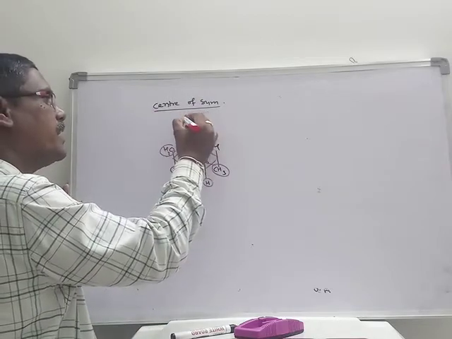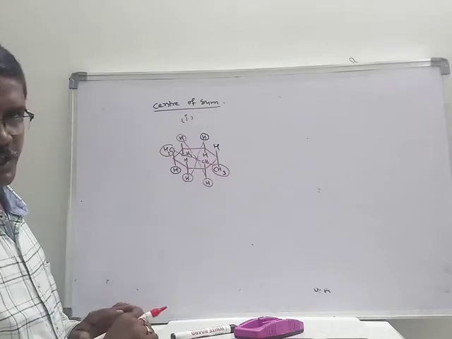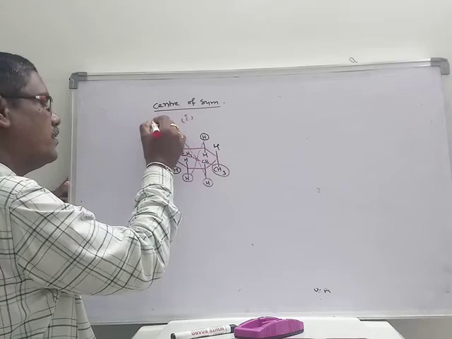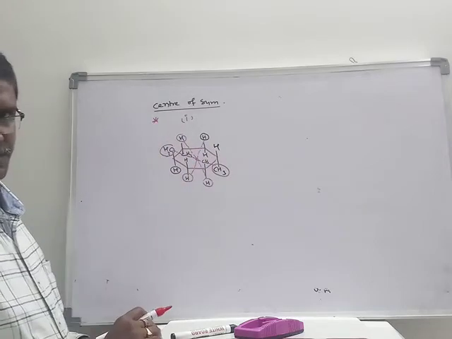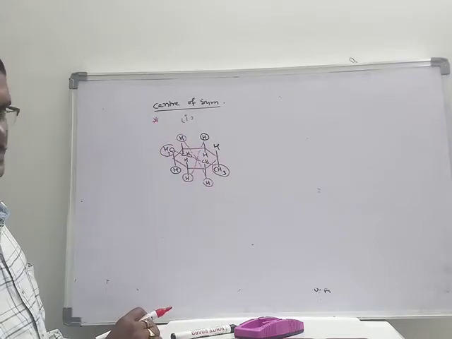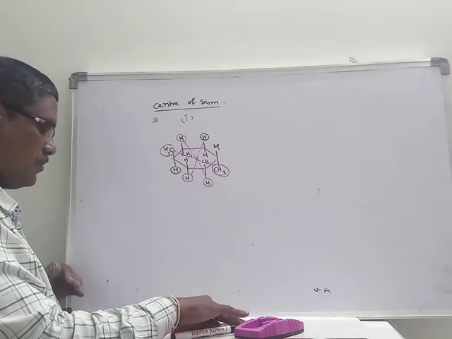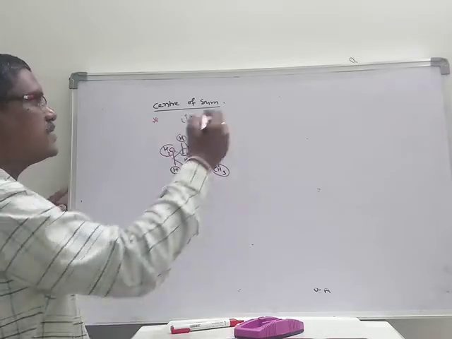It is denoted by i. If a molecule has a center of symmetry, it is optically inactive. Now the next point, the axis of symmetry.